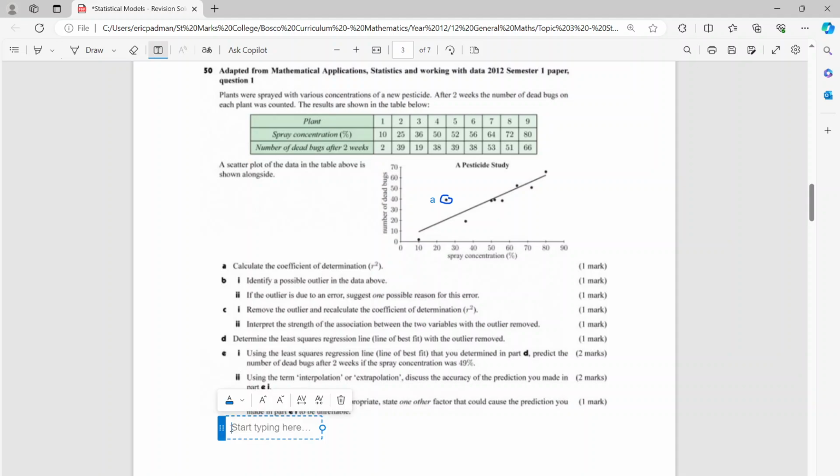So let's have a look at part B. I'll just come up with something: calibration error. Part B, part one.